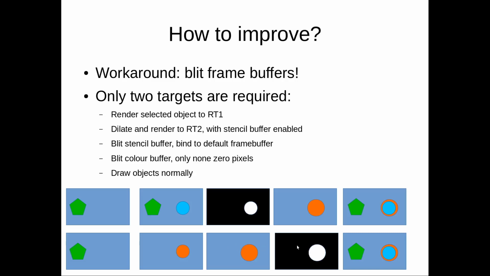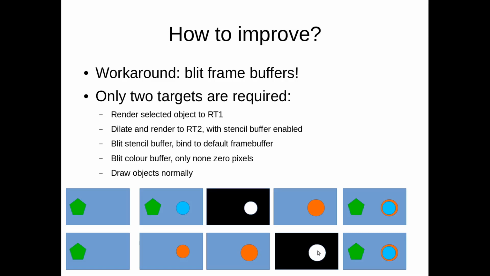We blit the stencil buffer of render target 2 to the default frame buffer. And we also blit the color buffer of render target 2 to the default frame buffer. You see? But this time, we only render colors. We only overwrite because of the stencil buffer.